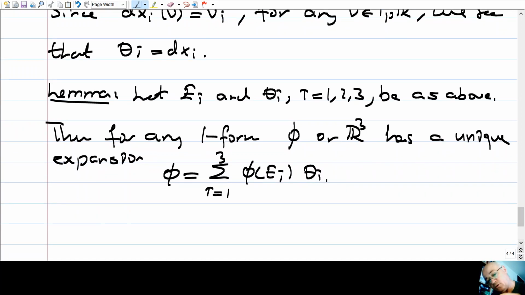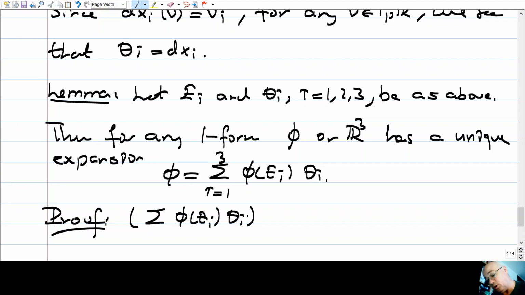Proof is of course immediate, as from the definition. Well, let's see. Take this expression, right? This is a one form, and evaluate it on the vector v.